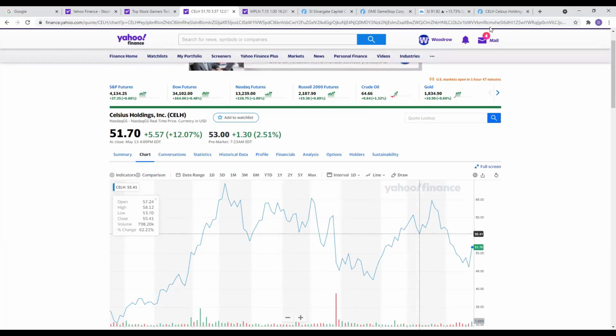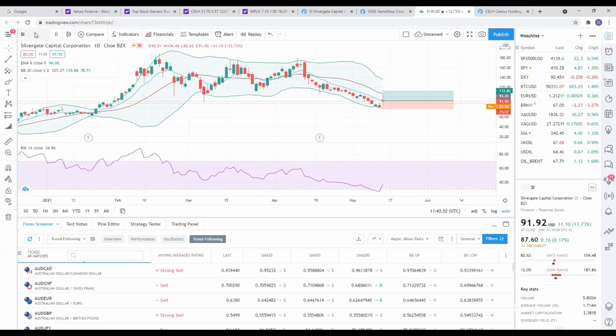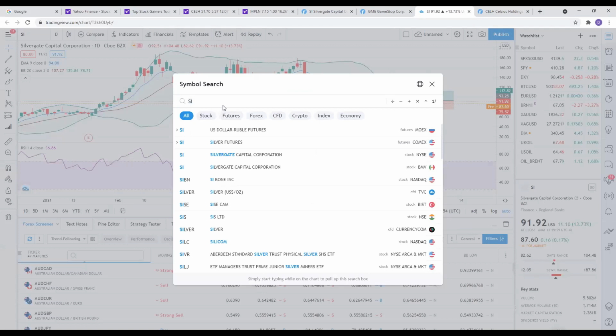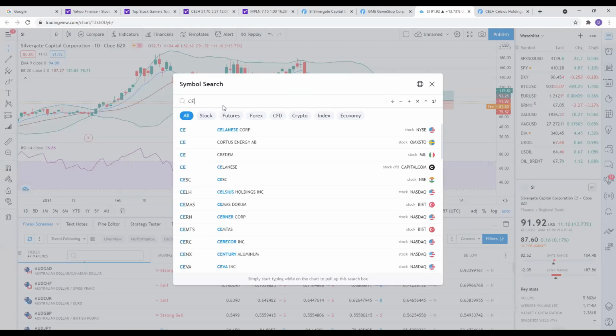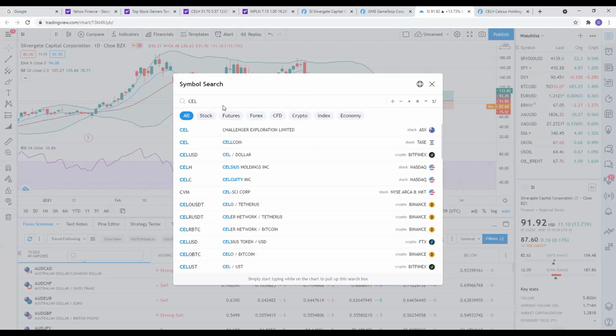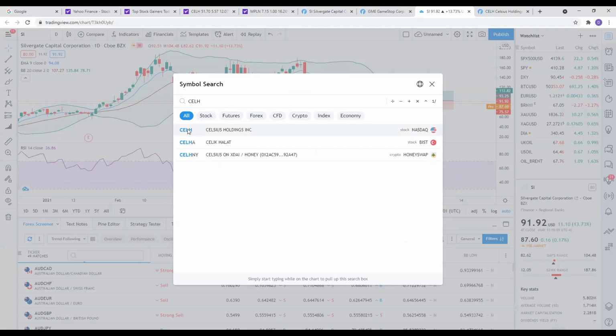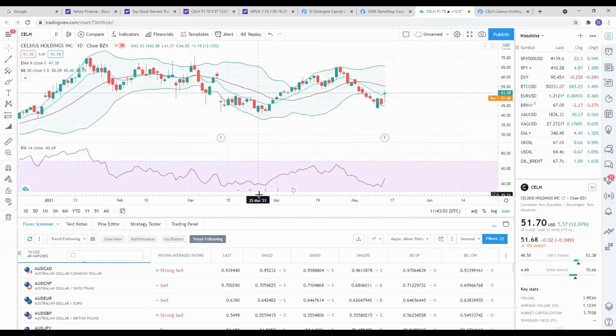So let's look at it on TradingView. My indicators are already here. This is the RSI.